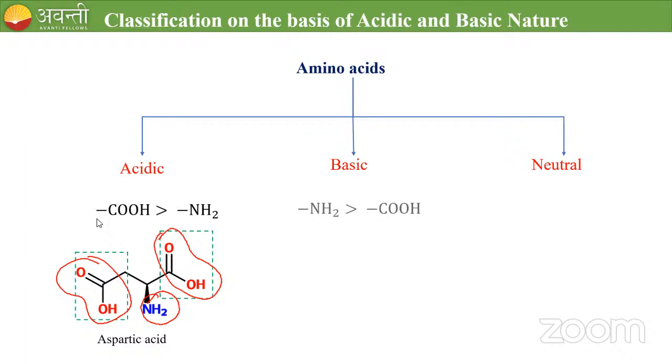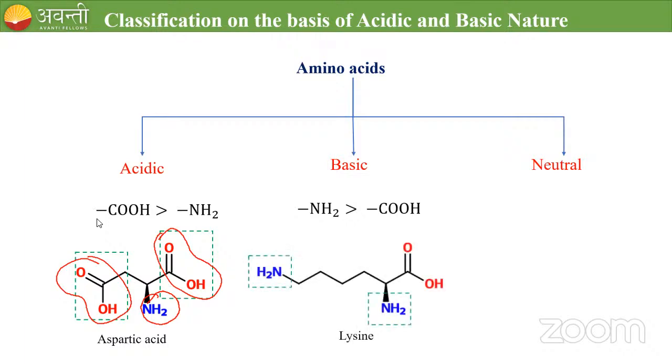Next, basic means NH2 will be greater than COOH. In this compound, we have two amine groups and only one COOH group. This is the lysine molecule and this is a basic amino acid. If both of them are equal, then it is called a neutral amino acid.